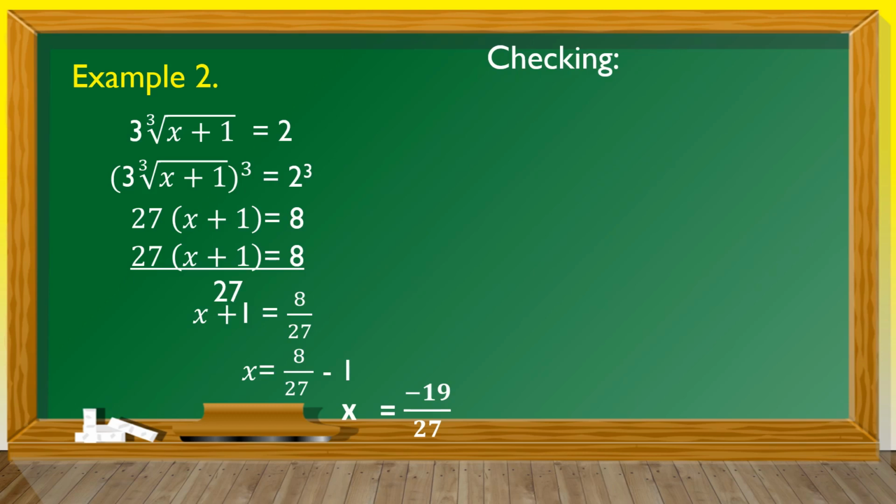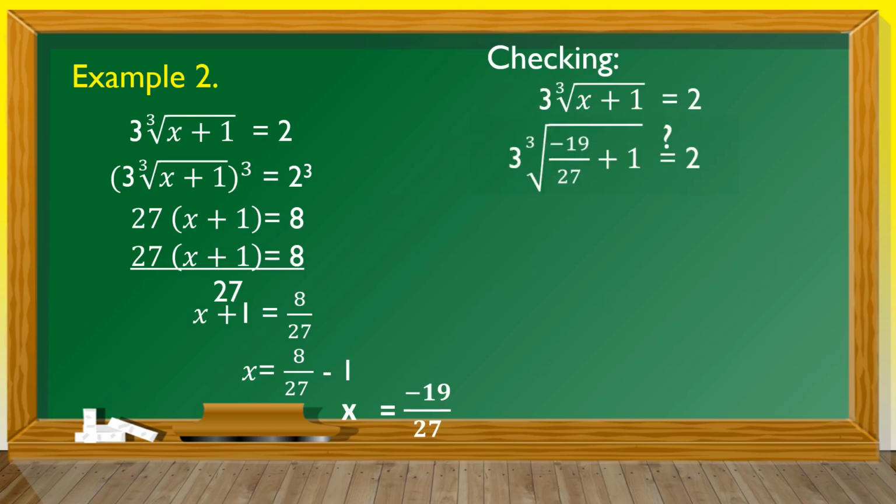Let us check if the value negative 19 over 27 satisfies the given equation. So substitute this value, negative 19 over 27, to the original equation. So we have 3 times the cube root of negative 19 over 27 plus 1 equals 2.